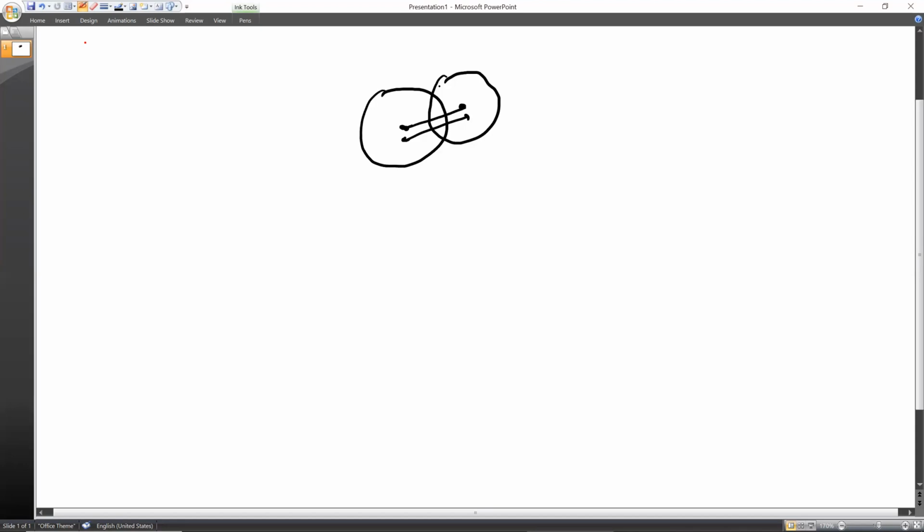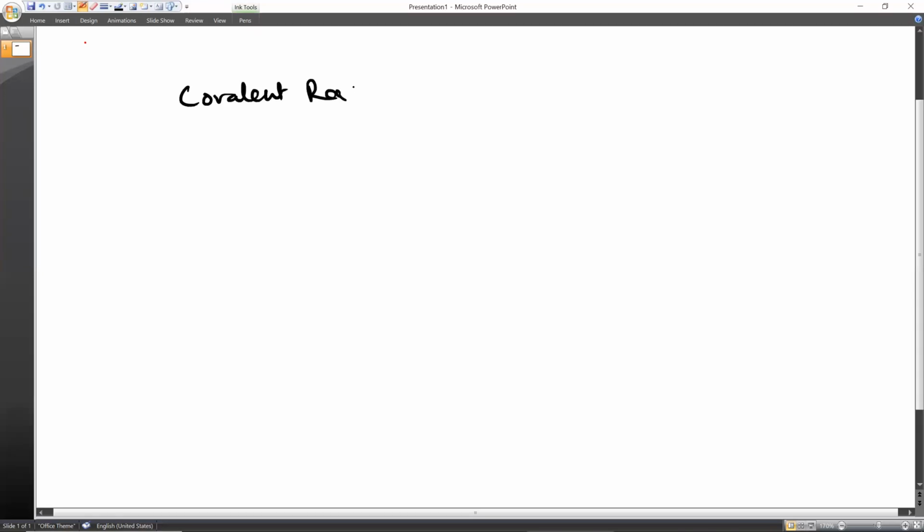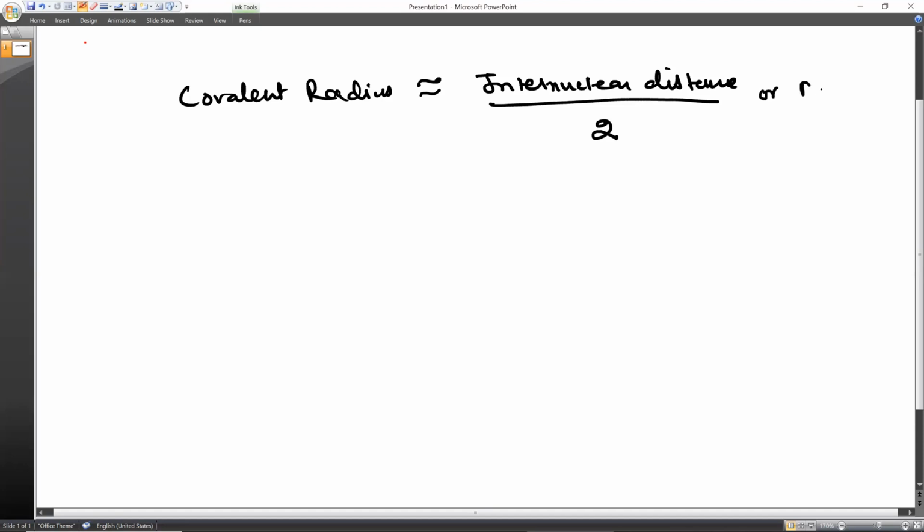Yes. So let's move further. The next one is covalent radius. The covalent radius is approximately equal to the internuclear distance divided by 2, or we can say the bond length divided by 2.